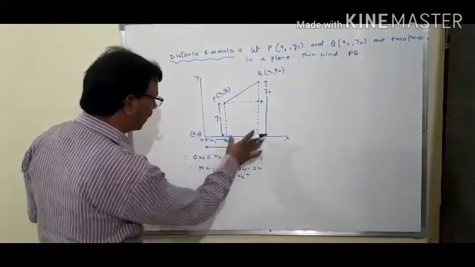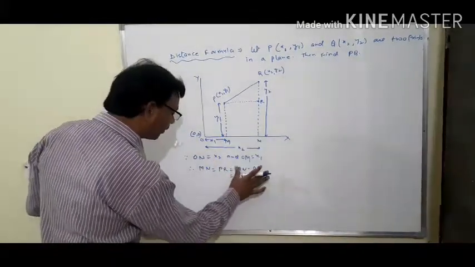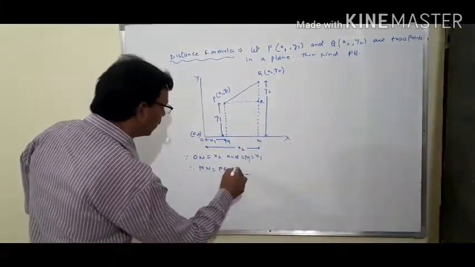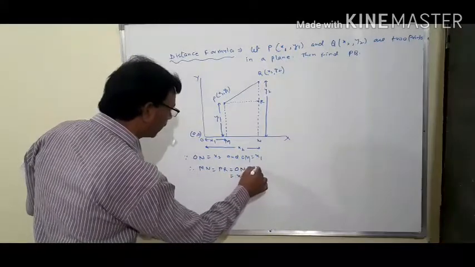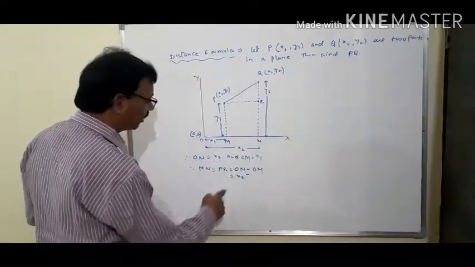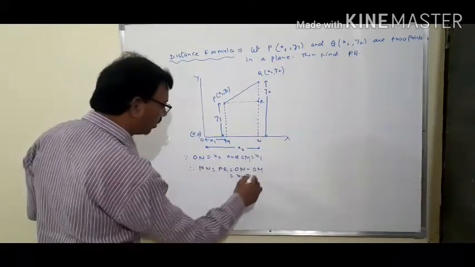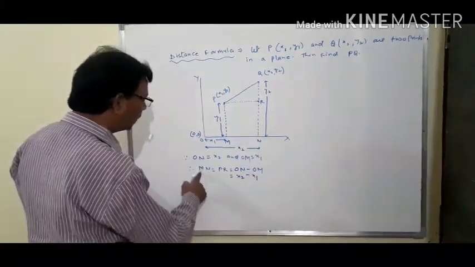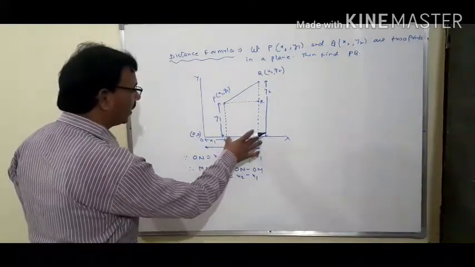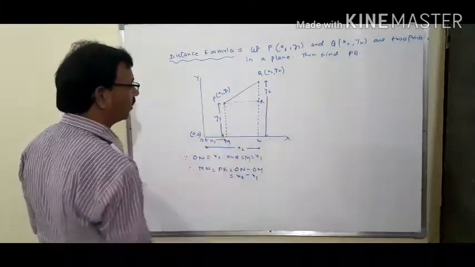So ON equals x2 and OM equals x1. This is the distance between M and N, or PR.